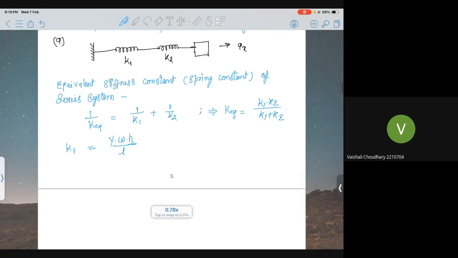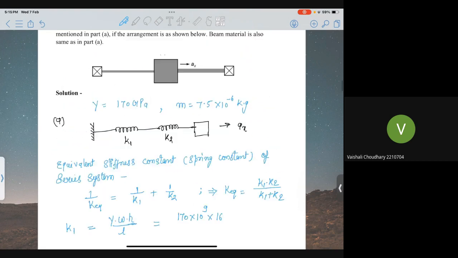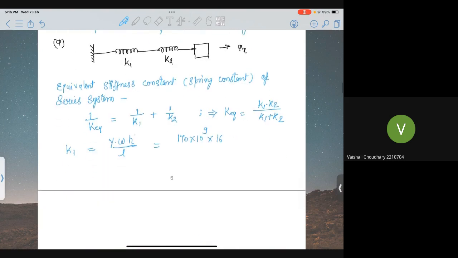Okay, if we put the values, Y is 170 gigapascal, giga is nothing but 10 to the power 9, W times h is nothing but the area, and the area of the first beam is 16 micrometer square and the length is 125 micrometer.